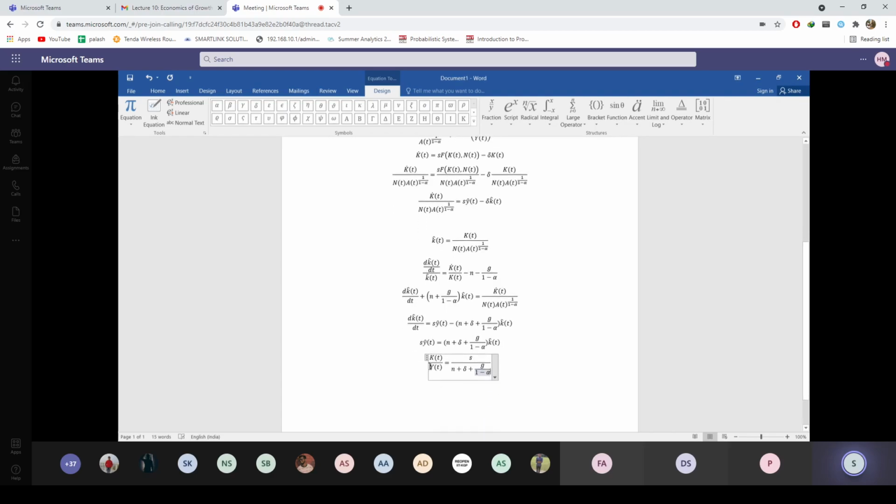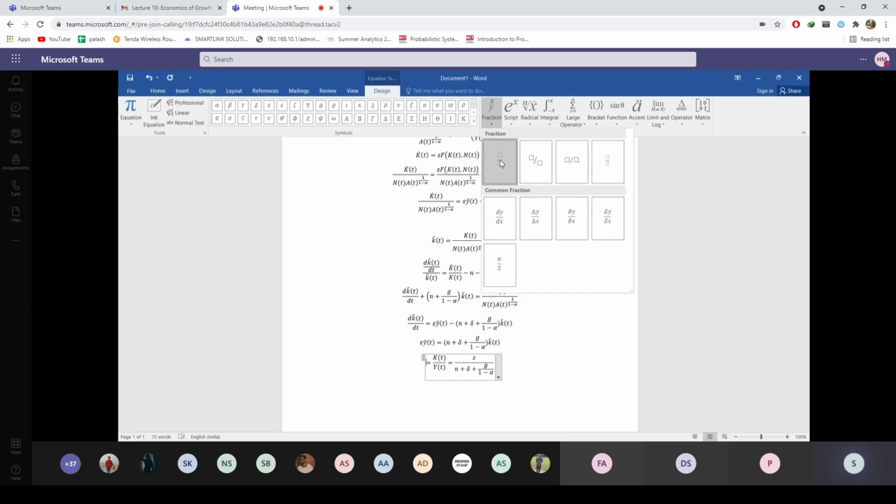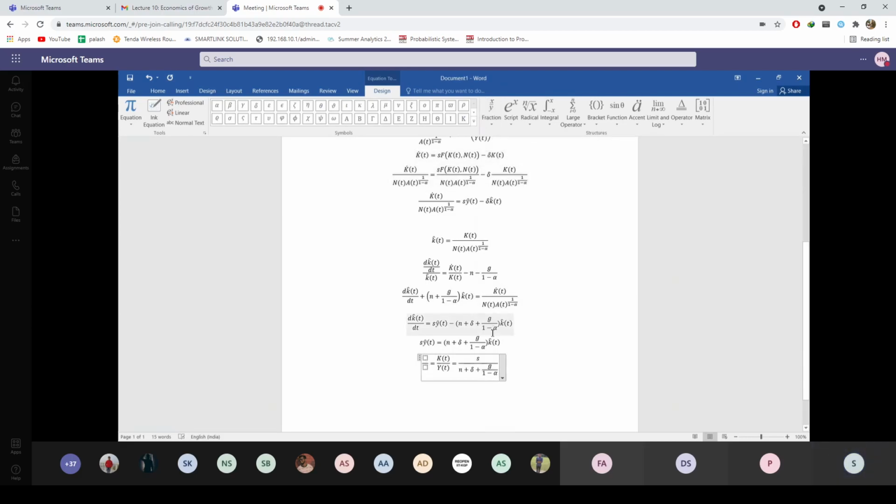So let me just write down over here. It is also my small K hat T divided by capital K hat T. So you see again, it is ultimately constant.